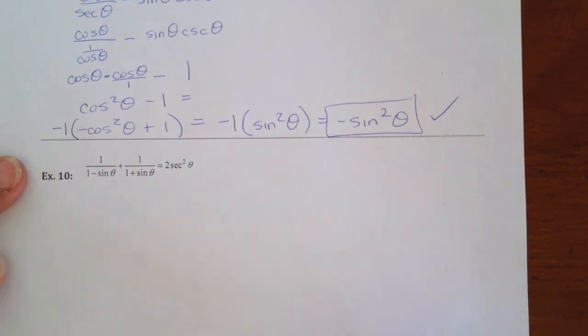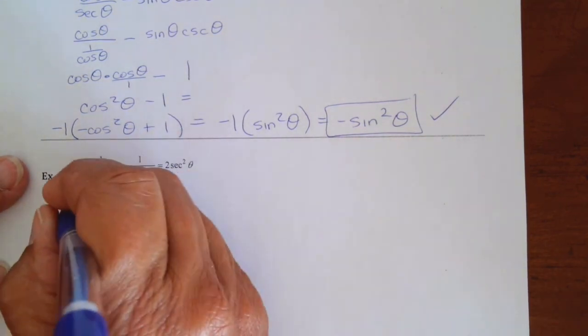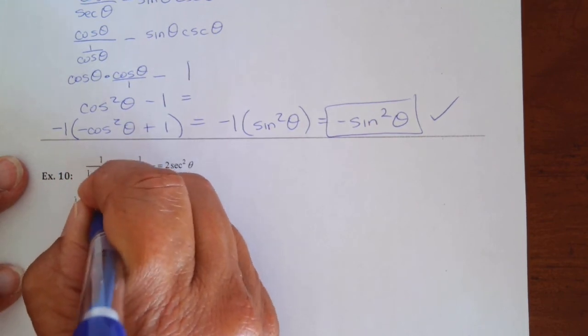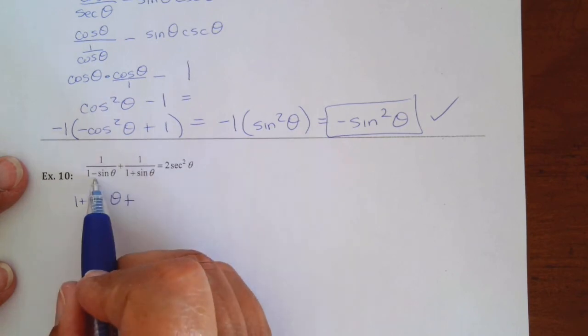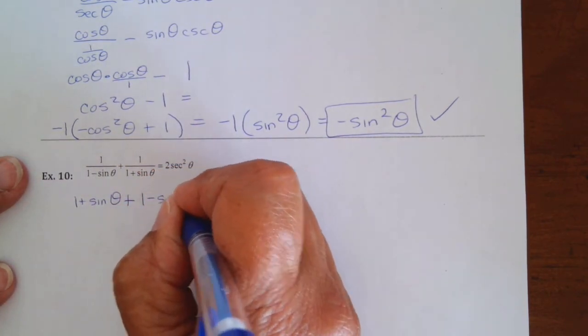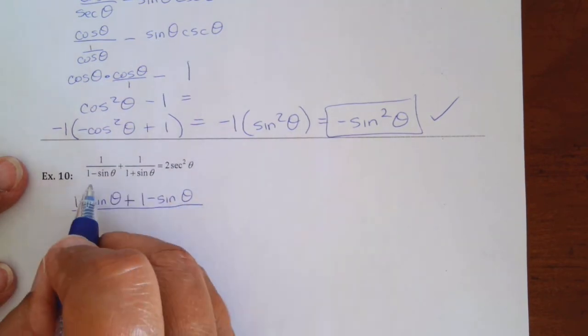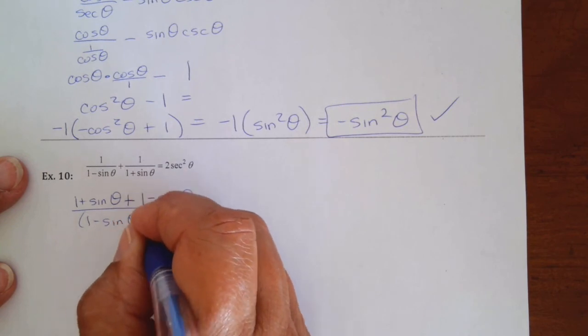Either way you want, however you add, you're still going to get the same thing. So we're going to do 1 times 1 plus sine of theta, which is 1 plus sine of theta, plus, and then we're going to do 1 times 1 minus sine of theta, which is just 1 minus sine of theta, over these two multiplied together. 1 minus sine times 1 plus sine.